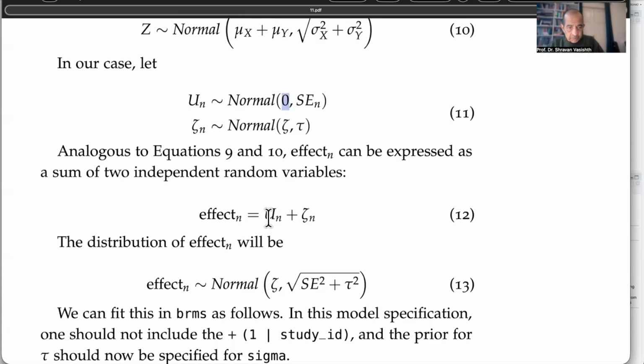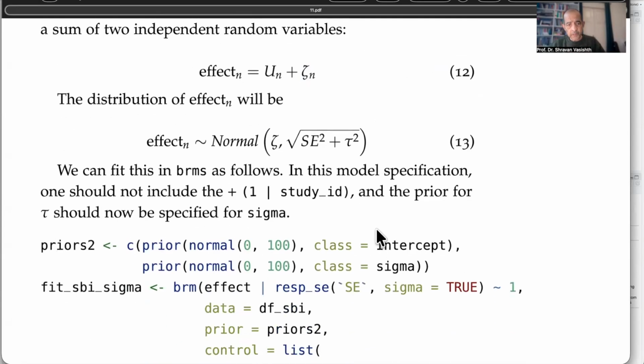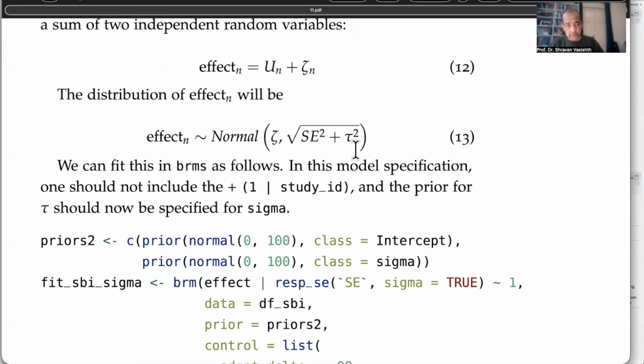So the sum of these two random variables will have a mean equal to zeta, because the expectation of this is 0, expectation of this is zeta, therefore 0 plus zeta is zeta. That's how we end up with this derived random variable, the sum of two random variables having mean zeta, and standard deviation being the square root of the sum of the two variances, right? So this is why the model works like this, okay?